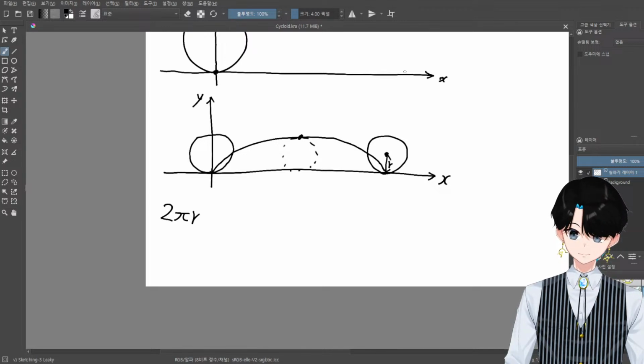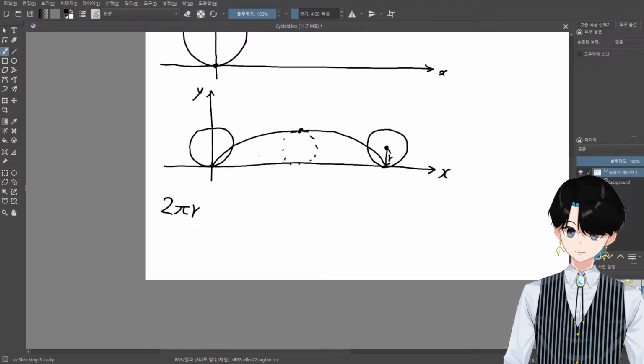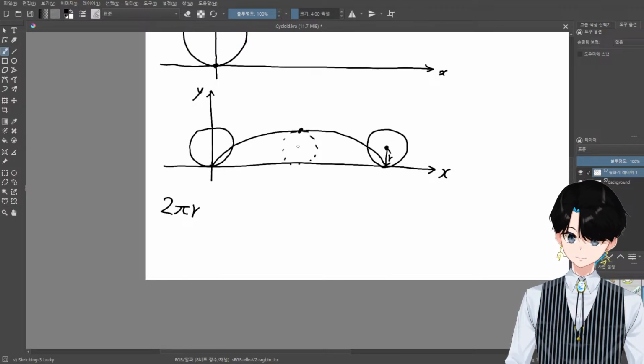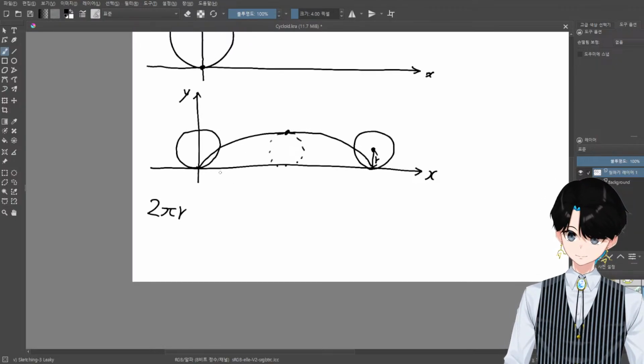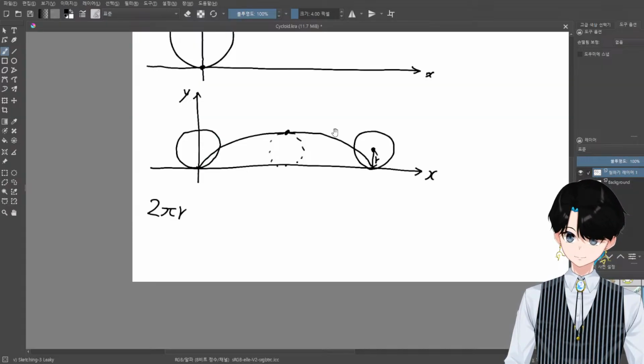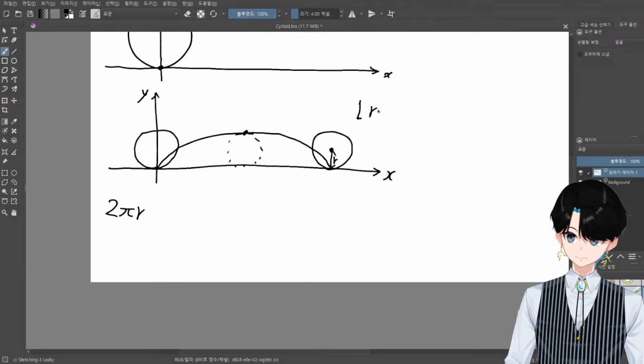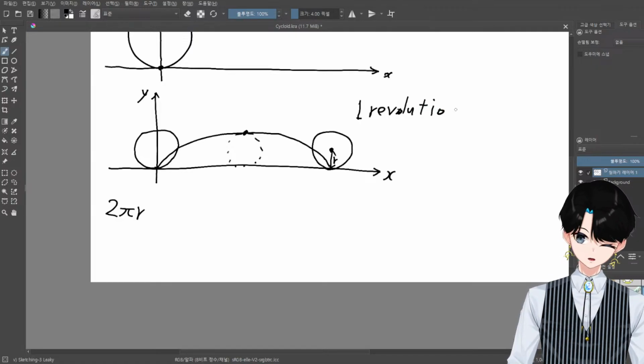It was something very complicated. So, going one revolution. One revolution, one rotation.